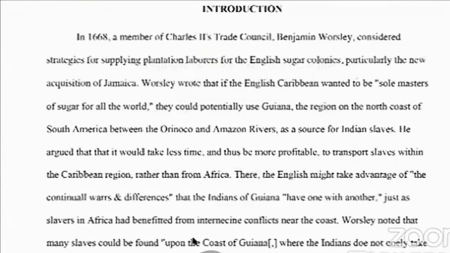So it says here, in 1668, a member of Charles II's Trade Council, and read up on that, the Trade Council, Benjamin Worsley, considered strategies for supplying plantation laborers for the English sugar colonies, particularly the new acquisition of Jamaica. So they had taken this from Spain. They had made a whole plan to take over the wealth of the Spaniards in the West Indies.